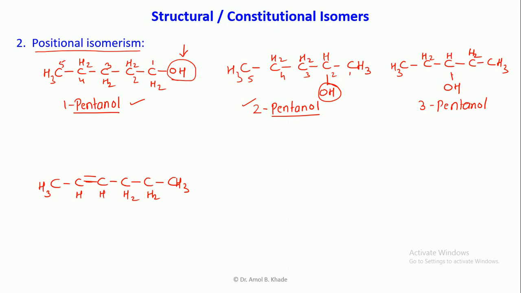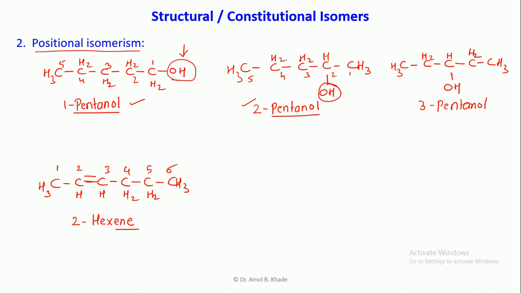So how will you number? We have to give the numbering in a way that the double bond gets the least number. So this will be the numbering pattern for this compound. Can you write the name of this compound? It will be 2-hexene. Okay, ENE is the suffix for the double bond. So this will be 2-hexene.